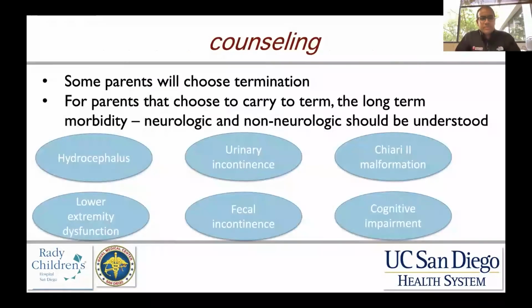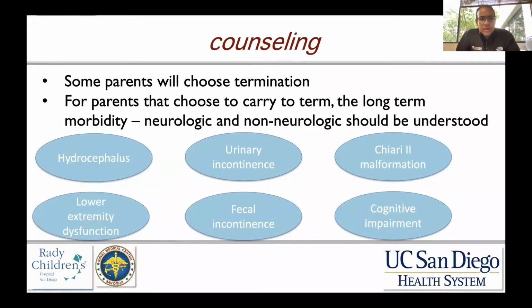When we talk about counseling after an antenatal diagnosis of myelomeningocele, counseling is very important. This can be carried out by obstetricians and maternal fetal medicine physicians, but typically it's done by pediatric neurosurgery, and the reason is that we're the ones caring for these children after they're born.